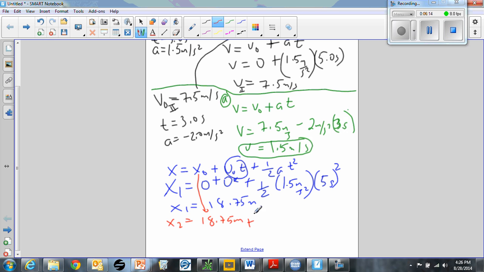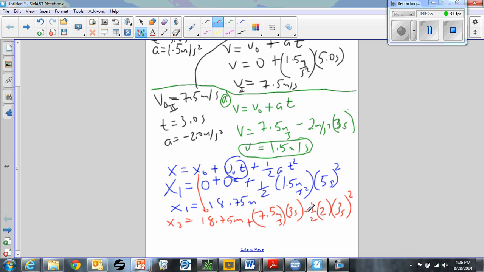Plus, he's now moving at 7.5 meters per second, times 3 seconds, minus 1/2 times 2 meters per second squared times 3 seconds, and I'm going to square that.